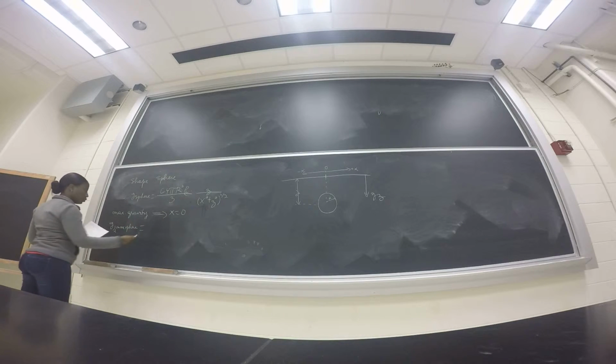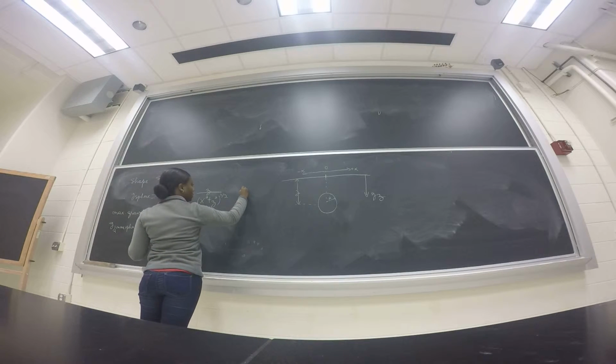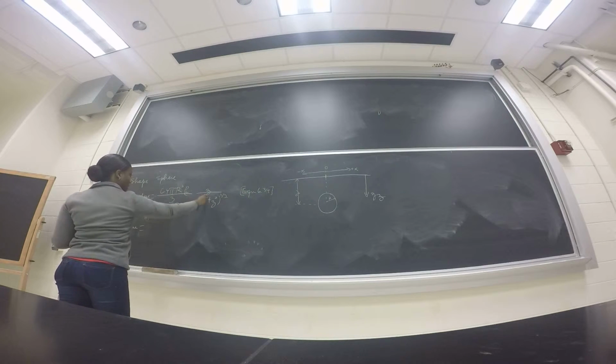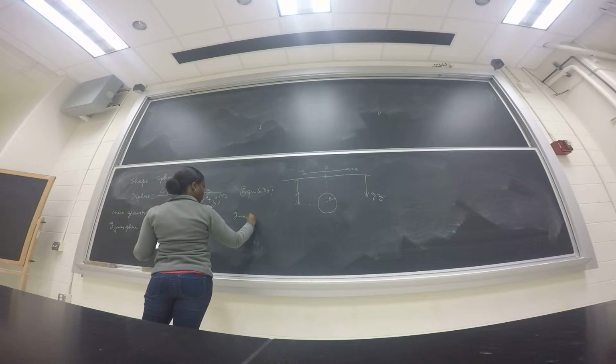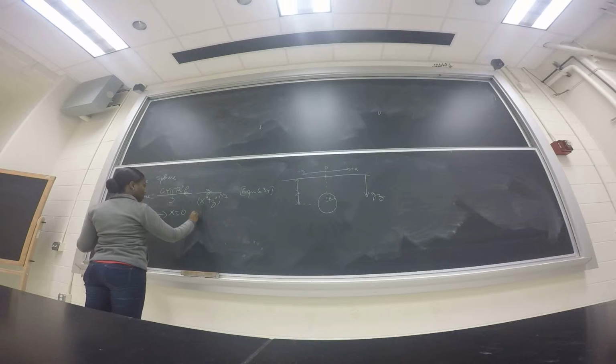This is equation 6.34 in the textbook, just for reference. So when x is equal to 0, we end up with g max of the sphere. Let me put that here.